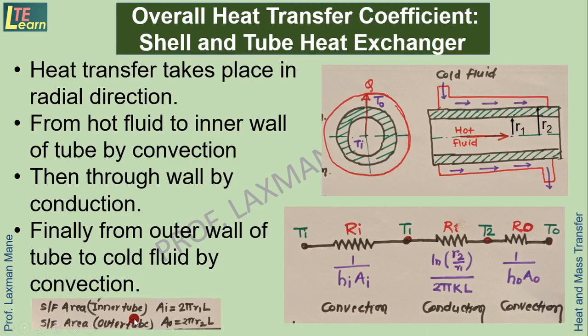Now the inner surface area of the tube is given as 2 pi r1 L, because circumference 2 pi r into length of tube is the inner surface area Ai. Similarly Ao, the outer surface area, is 2 pi r2 into L.